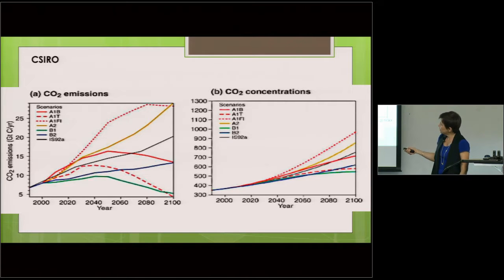And you can see that different scenarios of population growth and economic development end up producing different amounts of CO2. Makes sense, right? And then based on that, how much CO2 might be in the atmosphere from what we're producing under these different scenarios.